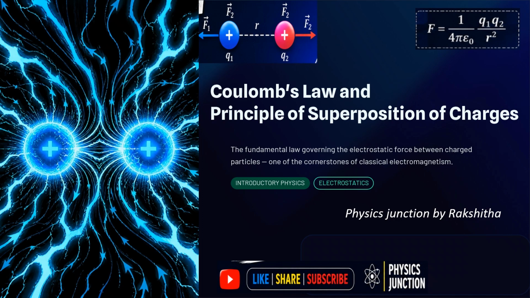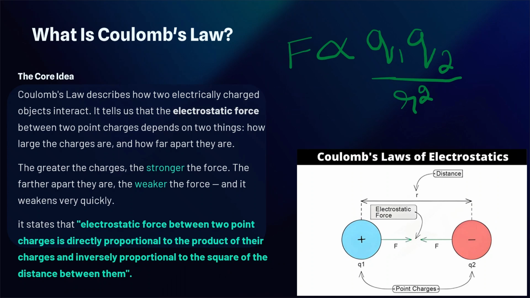Let us begin with today's topic, Coulomb's law, the fundamental law of classical electromagnetism. Coulomb's law describes how two electrically charged objects interact when they are near each other, and it tells us that the electrostatic force between two point charges depends on two things: the first is how large the charges are, and the second is how far apart they are.